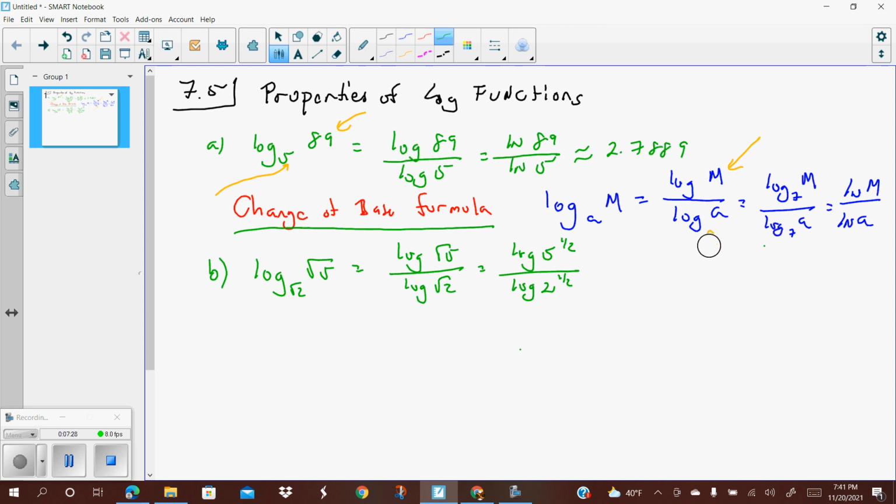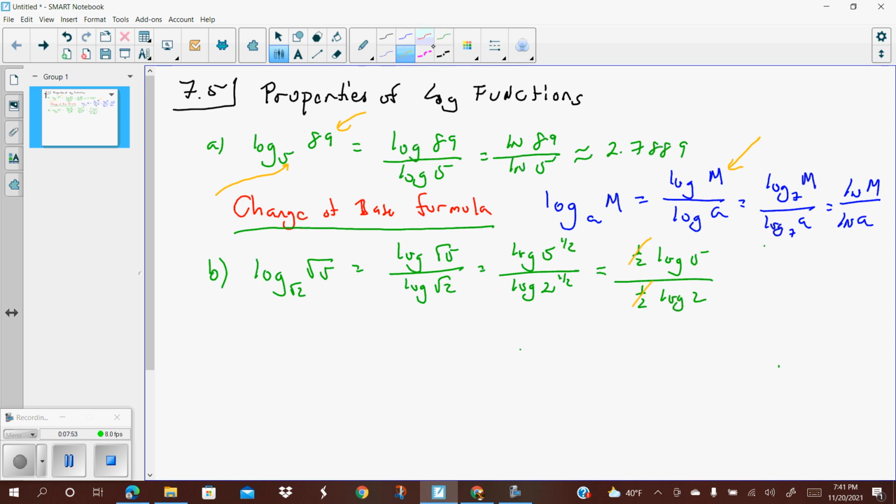I'm going to erase this orange thing over here so I can write. Remember what we can do now with the exponents is we can bring those out to the front. So this now becomes 1/2 the log of 5 divided by 1/2 the log of 2. Of course, the 1/2s can cancel themselves out.